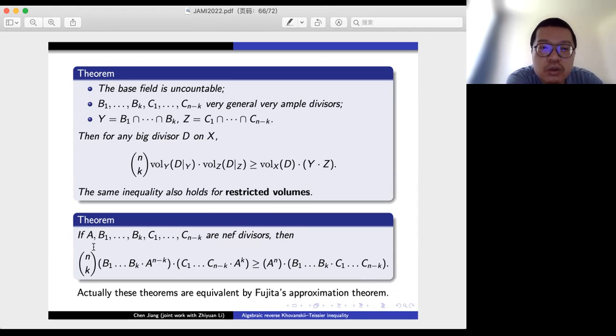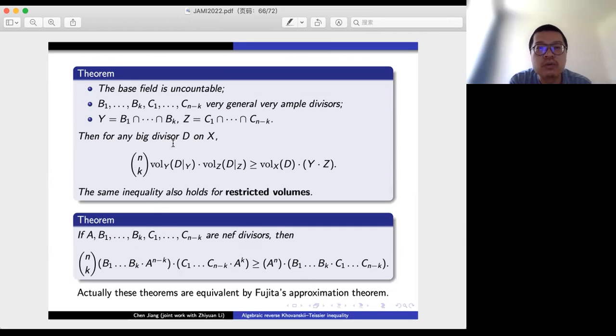Then by this we can actually show the intersection of divisors as we wanted. So this is just the intersection of B and A times the intersection of C and A is bigger than the volume of A times the intersection of B and C. Okay, so for the intersection, we don't need the field to be uncountable because we can always base change it into a bigger field, right?